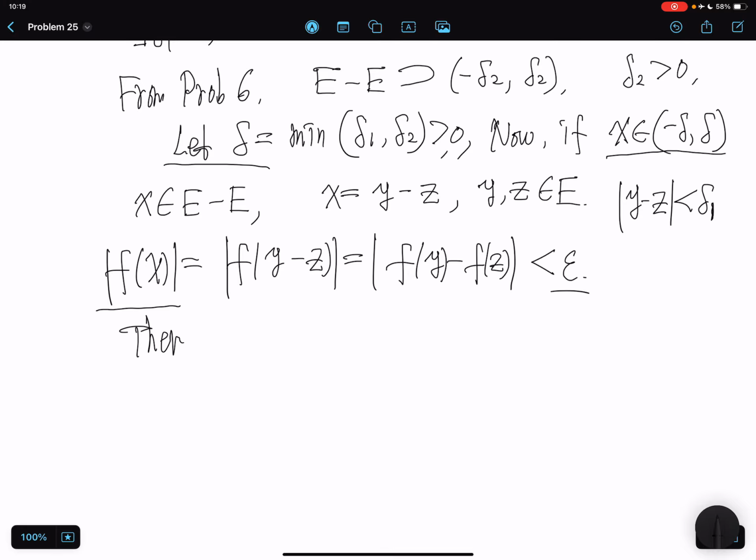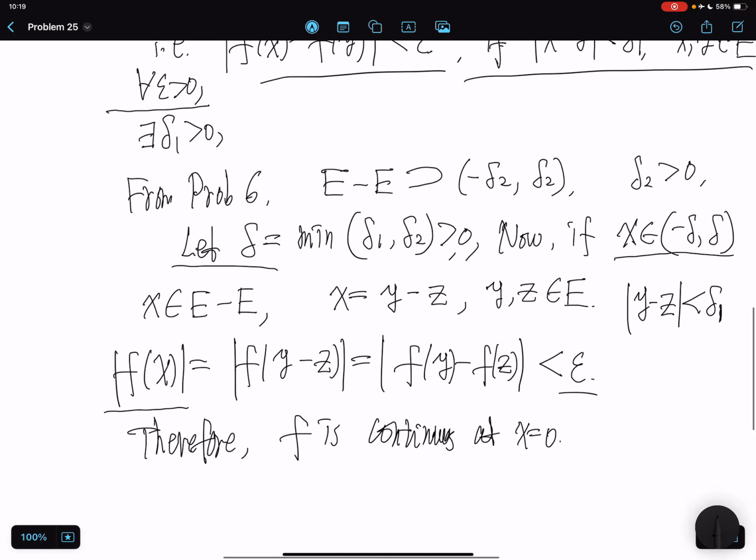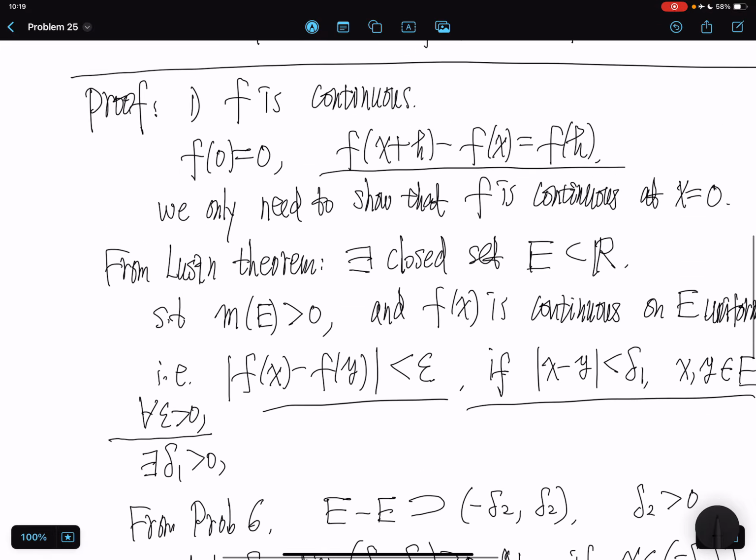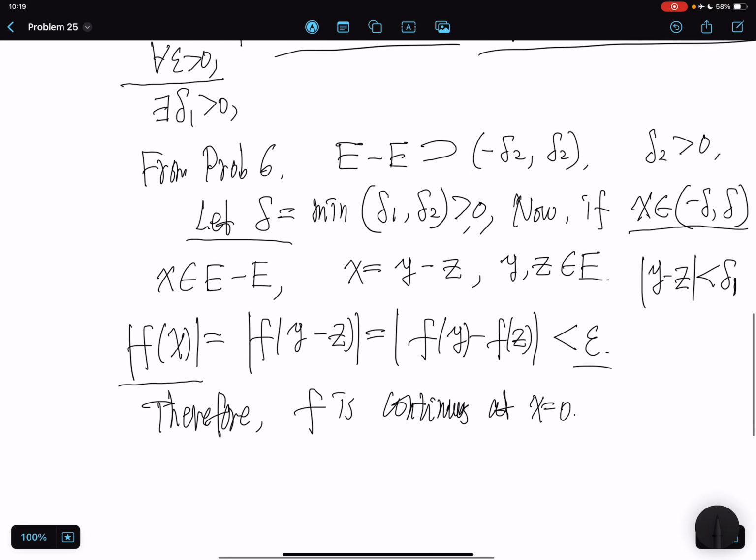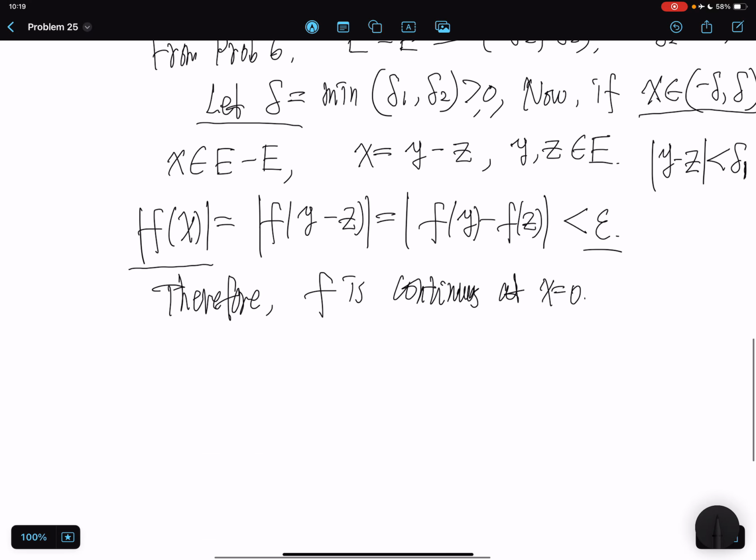Therefore, f is continuous at x equal to 0. And again, because of this relationship, f is continuous everywhere on R.